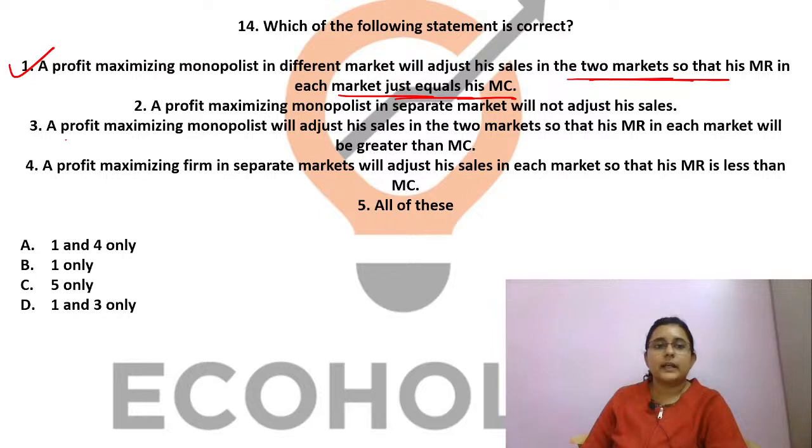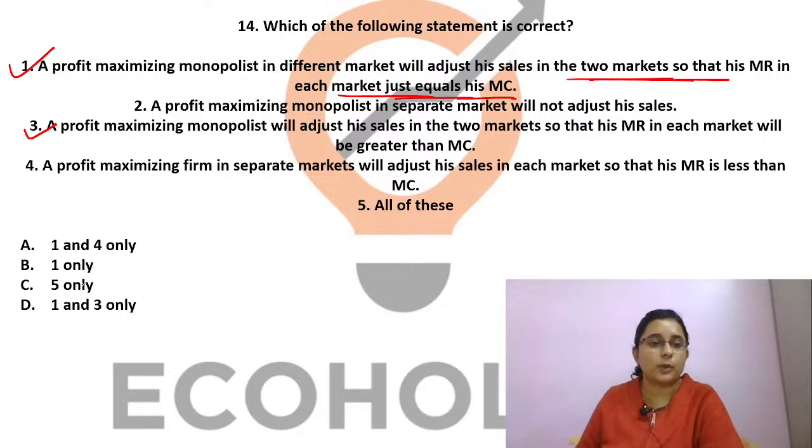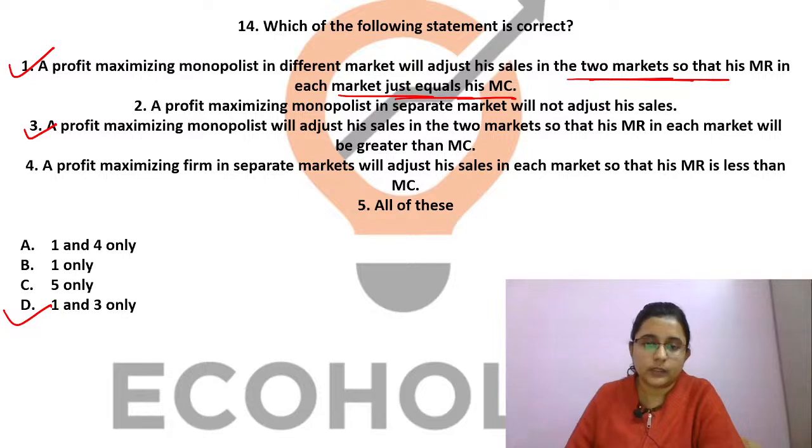Along with that, a profit maximizing monopolist will adjust his sales in two markets, so that MR in each market will be greater than the MC, so that he can earn more revenue as compared to his cost, because he's a profit maximizing monopolist. So 1 and 3 would be your right answer.